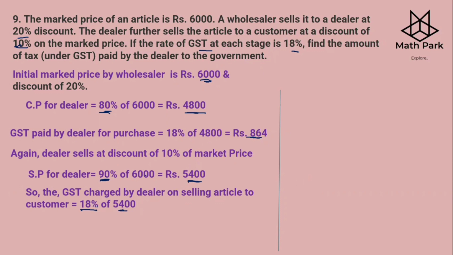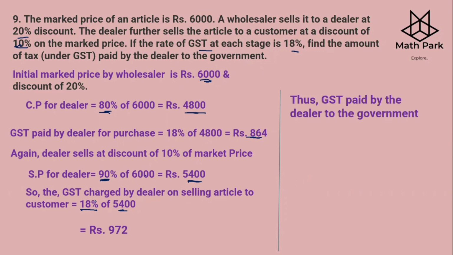So 18 by 100 times 5,400. These zeros are going to get cancelled with that 100. So you get 18 into 54. Just do 18 times 54. You get this as 972. So 972 is the GST charged by dealer on selling the article to the customer.